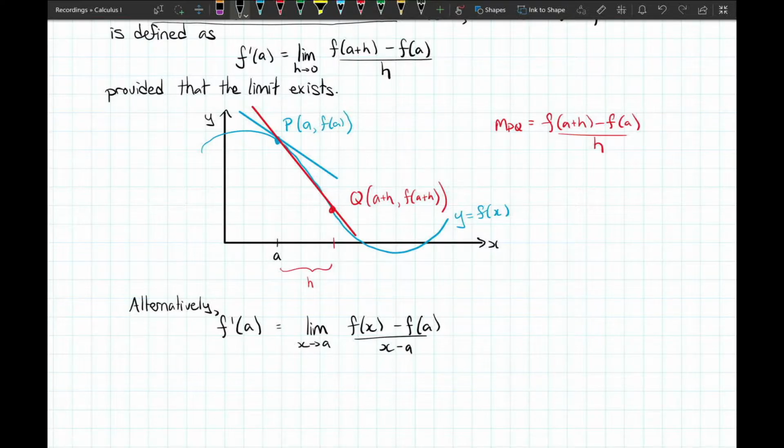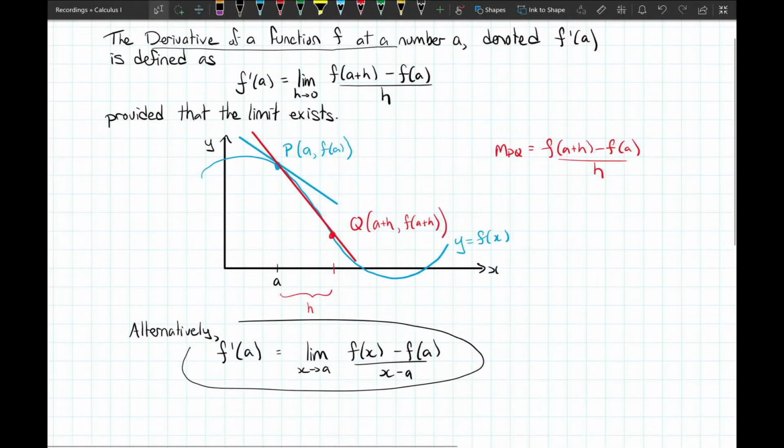And the only difference is that if we let the coordinates of Q be x comma f of x, we take the limit as x approaches a. And so this is an alternative way to look for the derivative. But it's everybody's personal preference as to which you prefer. My personal preference is using limits as h goes to 0.